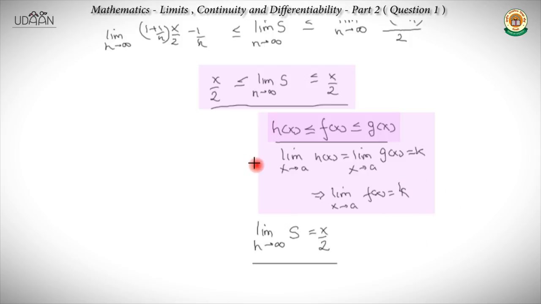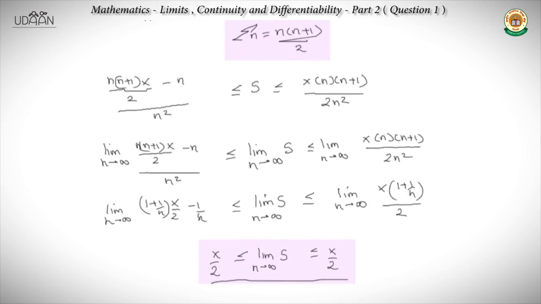Now I'll apply this in this question, and we can see that limit n tends to infinity of s equals x by 2. This is exactly what we needed. This was the question: limit n tends to infinity of s is what we needed to find.